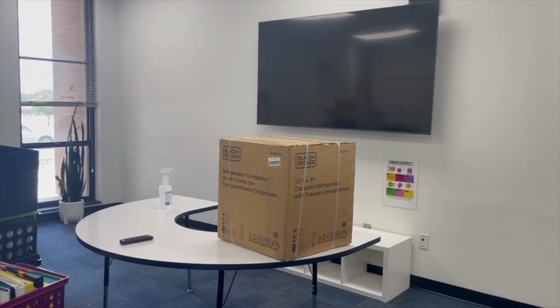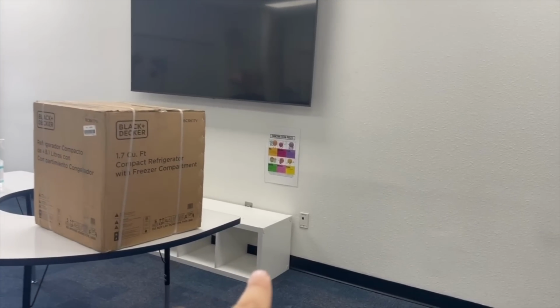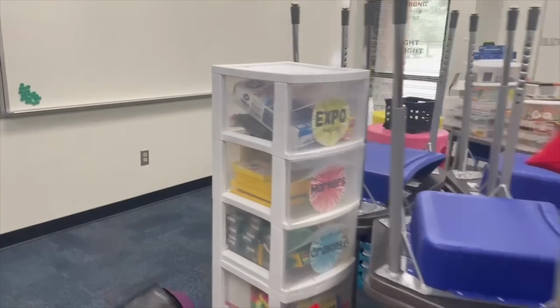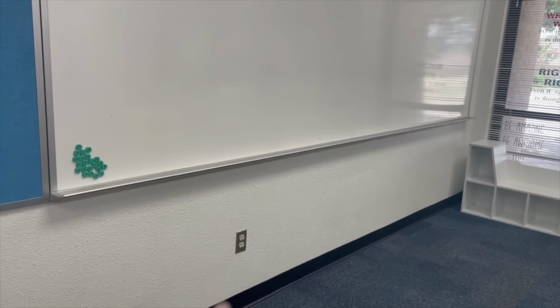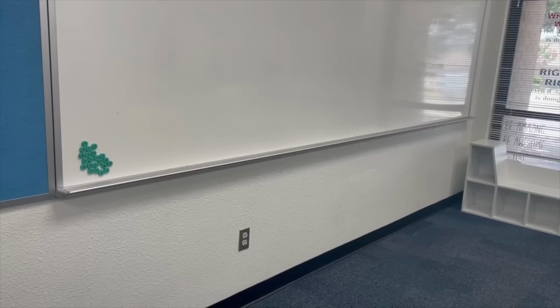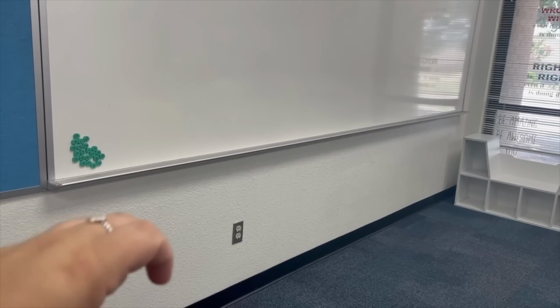So I'm thinking teacher table in front of the TV. And now this little cube shelf is actually going to come underneath here. I'm putting it here because there's a plug, and I'll be able to plug in the pencil sharpener, whatever I need over here.